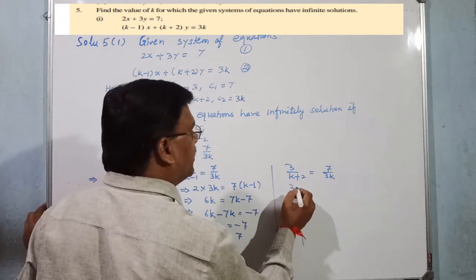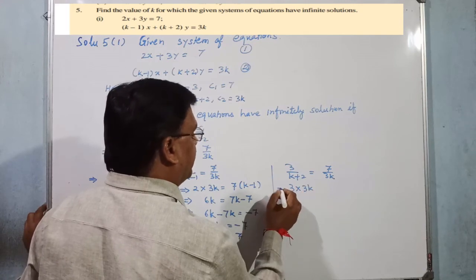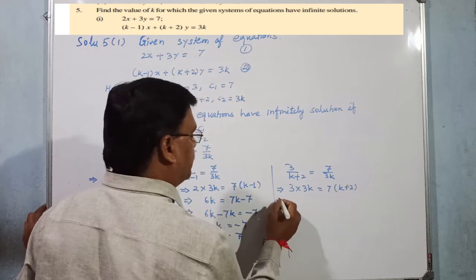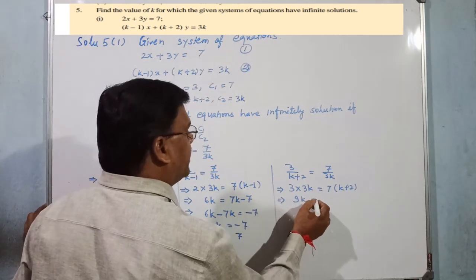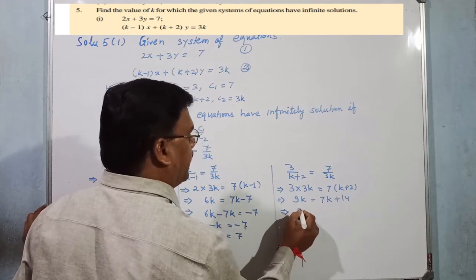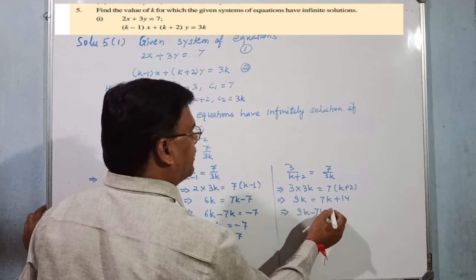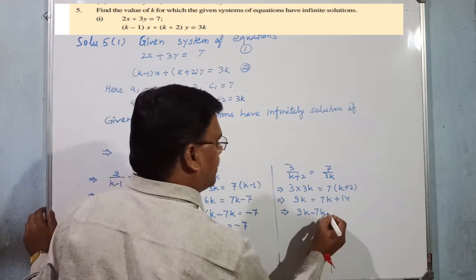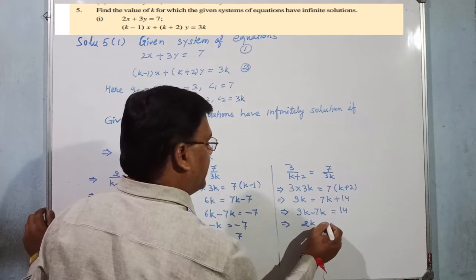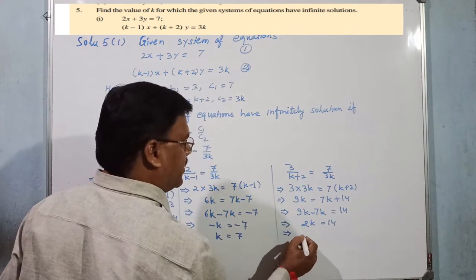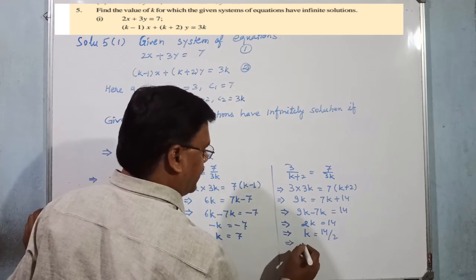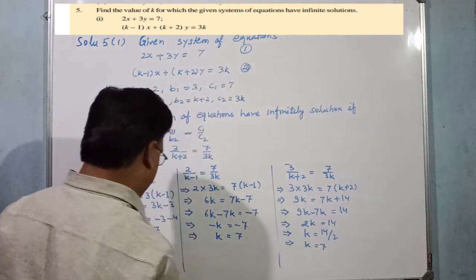Cross multiply 3 into 3k is equal to 7 into k plus 2. 9k is equal to 7k plus 14. 9k, 7k transpose to left side, 9k minus 7k is equal to 14. 2k is equal to 14. k is equal to 14 upon 2. k is equal to 7.